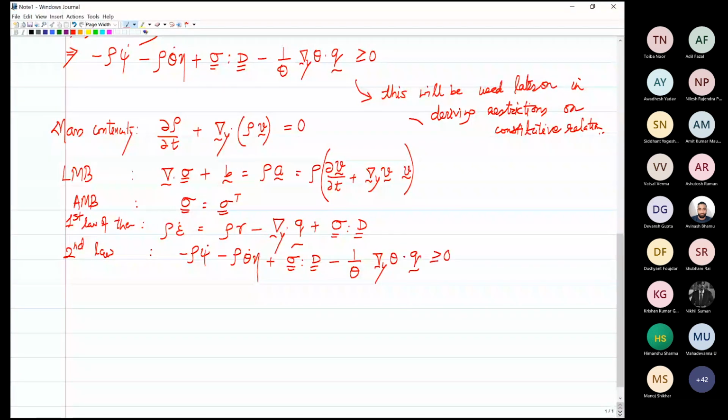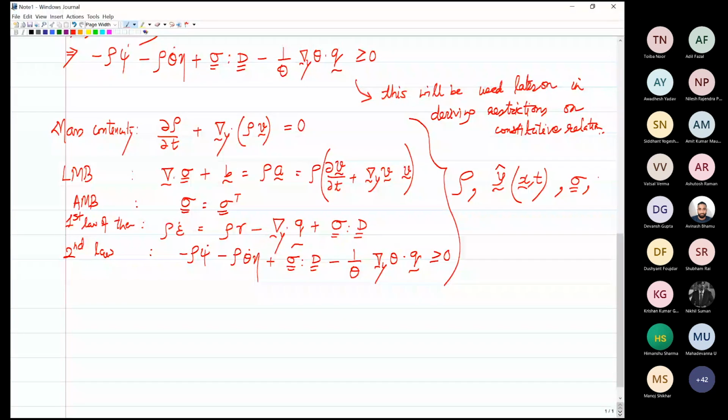Okay, so these are all the equations that we have, and the unknowns that we have here are your deformation map y hat as a function of x comma t, and of course density rho, then your sigma, and since we are using the first law of thermodynamics also, theta is also an unknown here, a function of x and t.